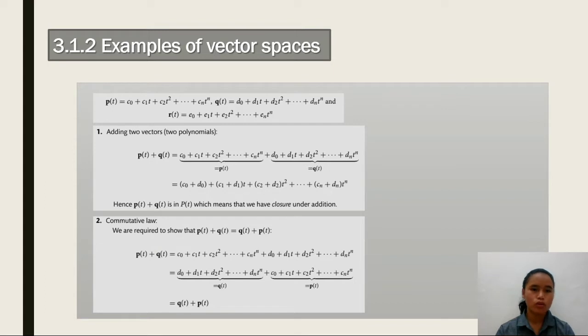Okay, 3.1.2 example for vector space. We have p(t), q(t), and r(t). So adding two vectors, or two polynomials. This is our formula. We get p(t) plus q(t). So hence p(t) plus q(t) is in P(t), which means that we have closure under addition.